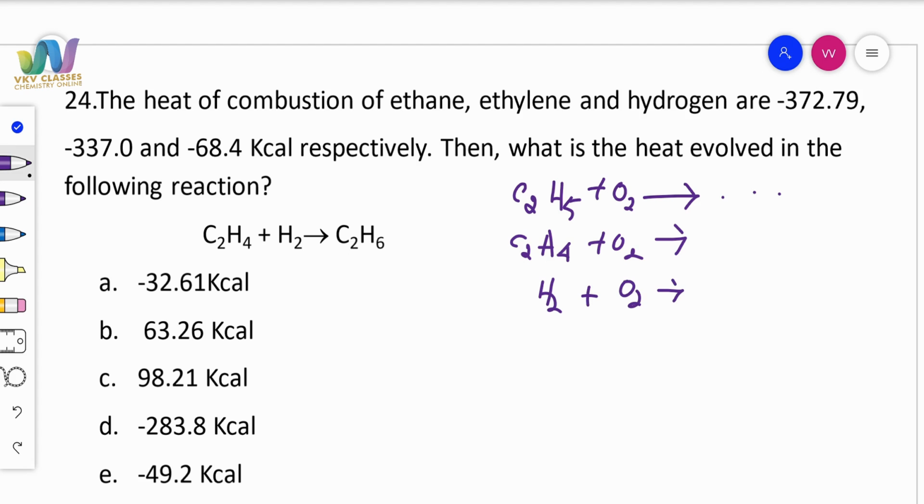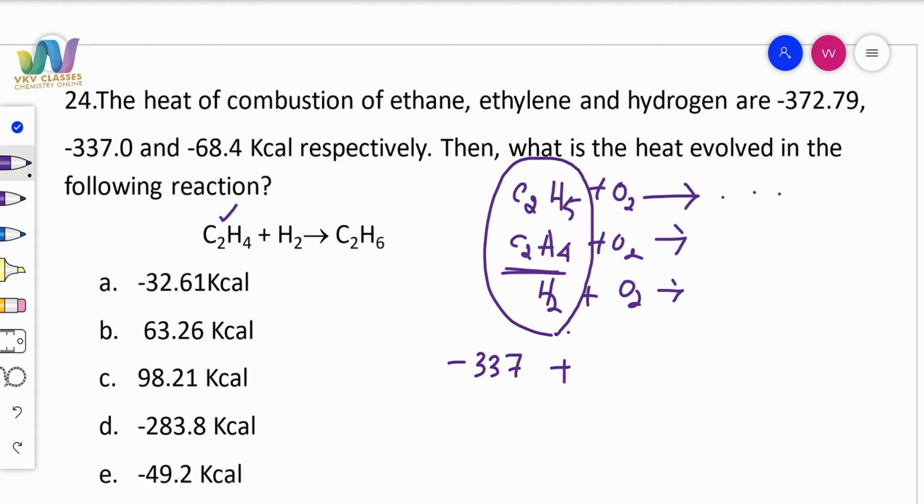So these three equations you are given the delta H values, and from this equation, because I am not writing the other thing because we are concerned only this one. So we require this compound. So the first thing needed is C2H4, which comes in the second equation, right? We need not multiply and we need not reverse. So take the second value, that is minus 337 plus.